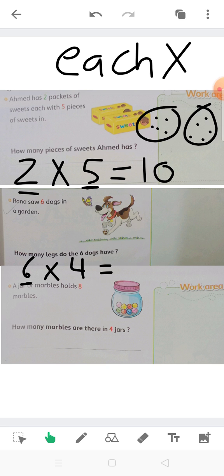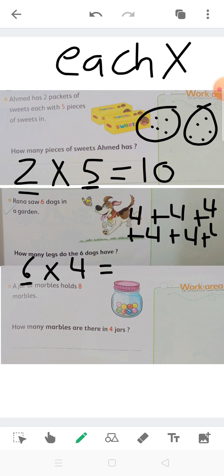Okay, let's here write 4 plus 4 plus 4 plus 4 plus 4 plus 4. Okay, we can simply take each 2 numbers together. 4 plus 4, it's 8. Another 4 plus 4, it's 8. 8 plus 8 equals 16. 16 plus another 8.